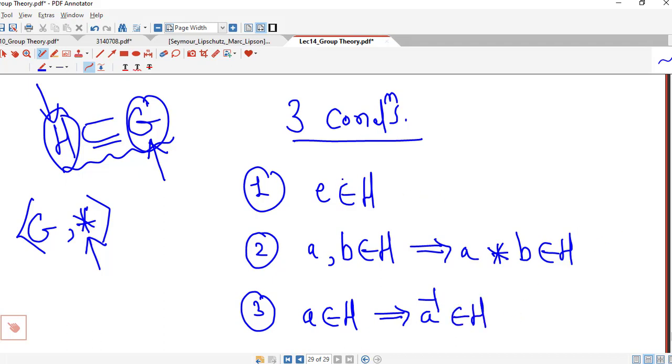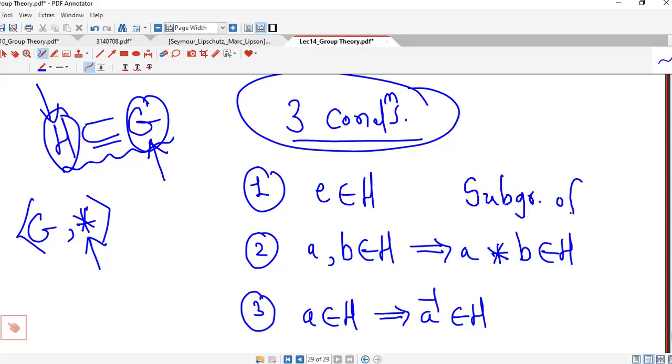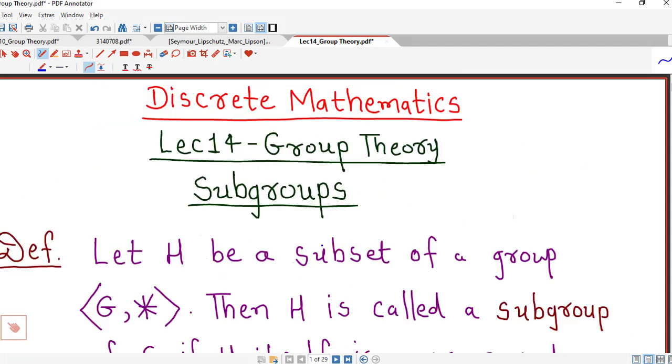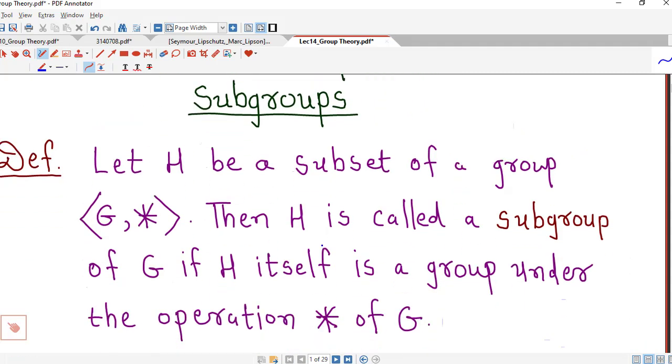So if these three conditions are satisfied, then we can say that a subset H of a group G is a subgroup of G. Some authors consider these three conditions as the definition of subgroup also. So here we have written both the definitions.